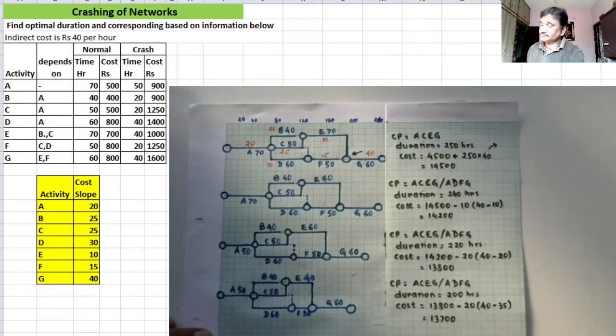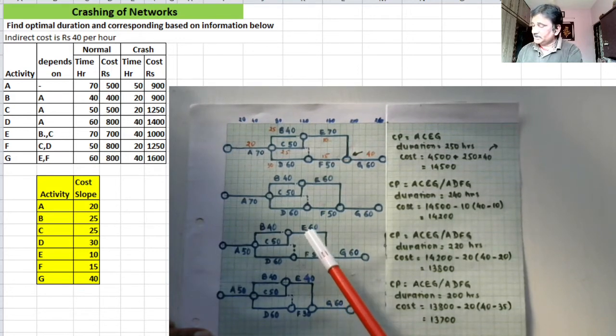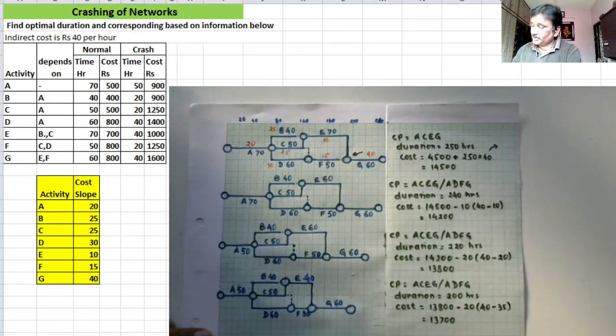So, as compared to A, if I compare the crashing cost so far seen, A is minimum. Let's look ahead. Crashing cost per hour for activity E is still 10 and activity F is 15.